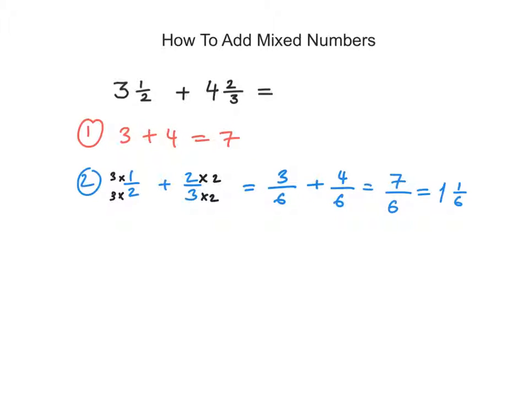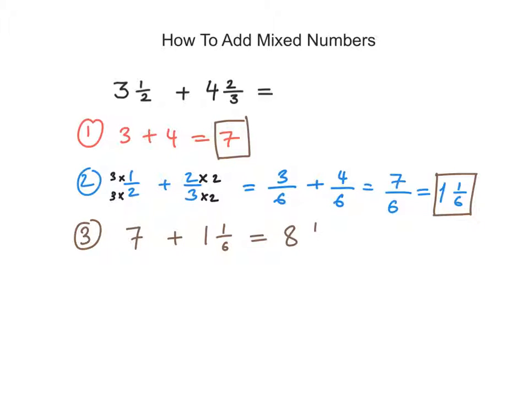Now for the final step, we add the integer value that we worked out to this part here. So 7 plus 1 and 1/6, which equals 7 plus 1 is 8, so that's 8 and 1/6. So the answer to this addition is 8 and 1/6.